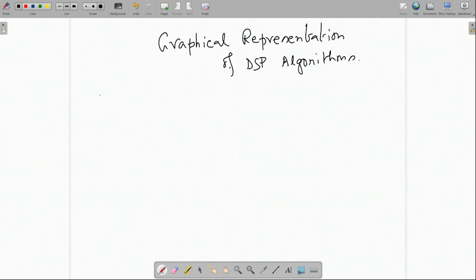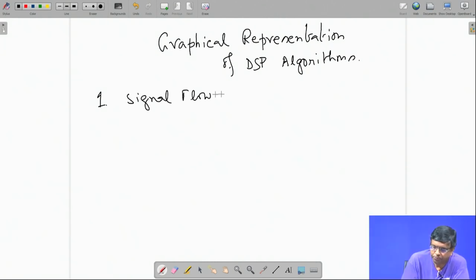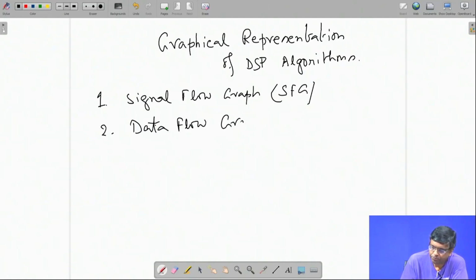We have got three kinds of graphs. One is called signal flow graph, that is SFG. Next is data flow graph, DFG, and third is dependence graph.